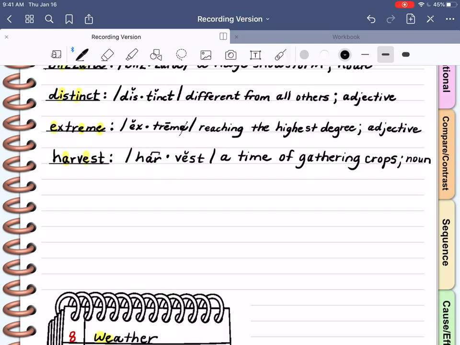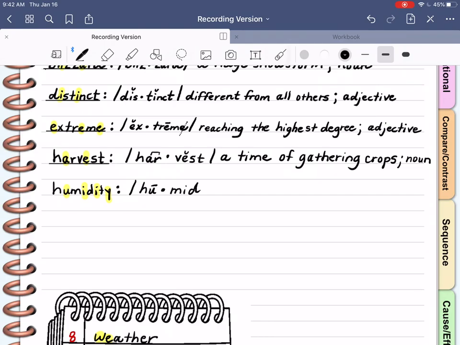The fifth word in order is humidity. So we have vowels U, I, and Y. Remember, Y can sometimes be a vowel. Hue, U says its name.